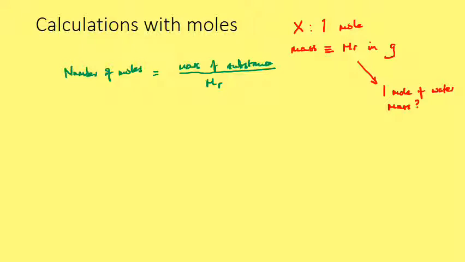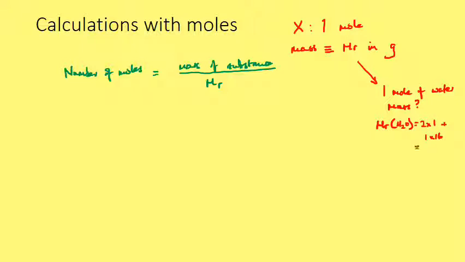Okay, so if 1 mole has a mass in grams equivalent to its MR from the periodic table, then let's get the MR. The MR of water, H2O, is going to be 2 times 1, because 1's the AR of hydrogen, plus 1 times oxygen's AR, which is 16.